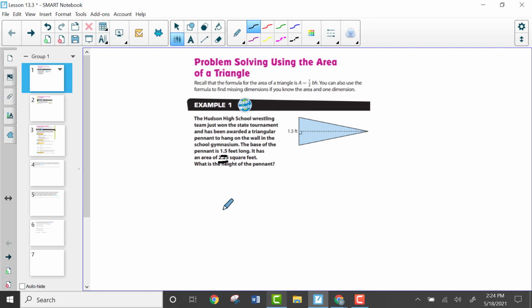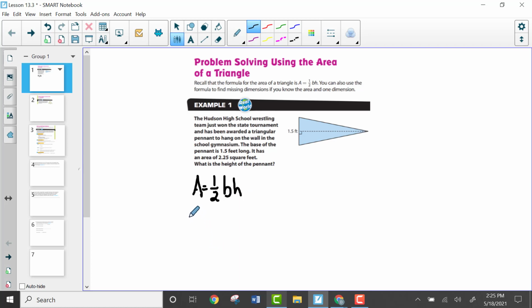So the first thing you want to do for a problem like this is write out the formula. Area equals 1/2 times the base times the height. And now whenever you're given the area and we're trying to find the missing measurement, what we need to do is plug in all the information that we have to see what we're missing.